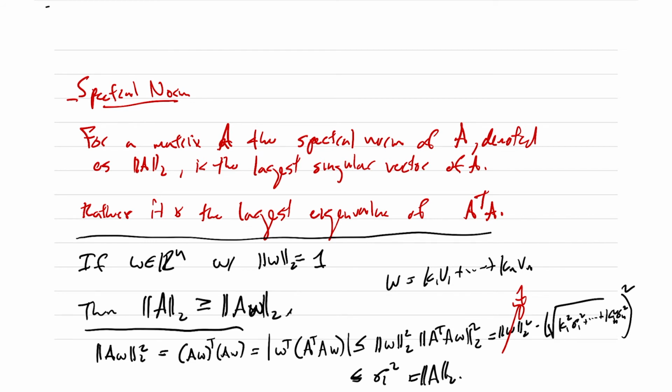Whew, okay. Now equipped with this, we can actually look at the proof itself. Remember, we're dealing with A_k, which is equal to the sum from i equals 1 to k of sigma_i u_i v_i transpose.